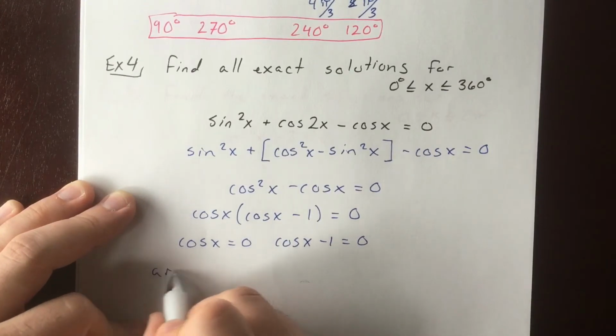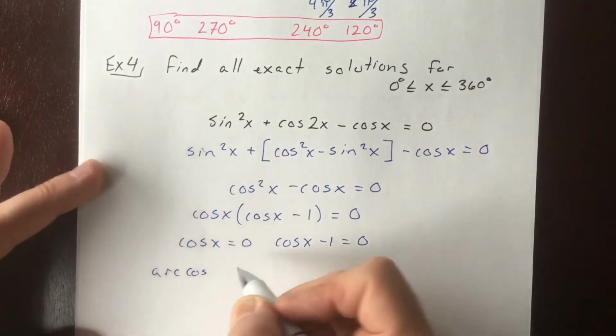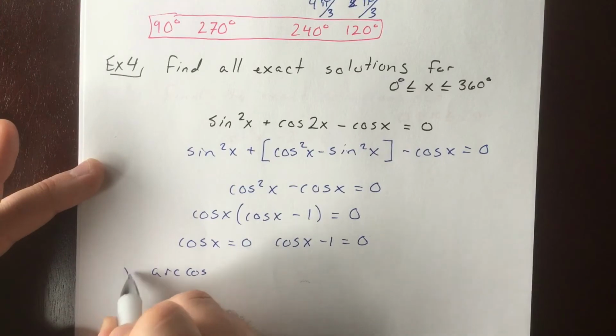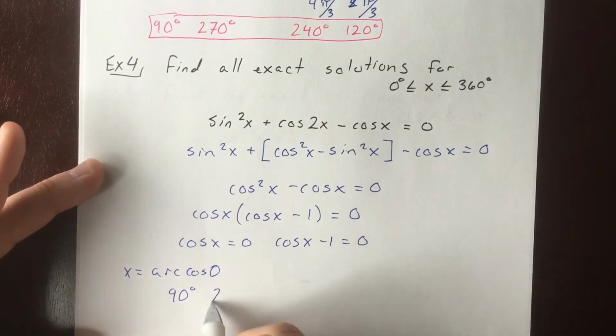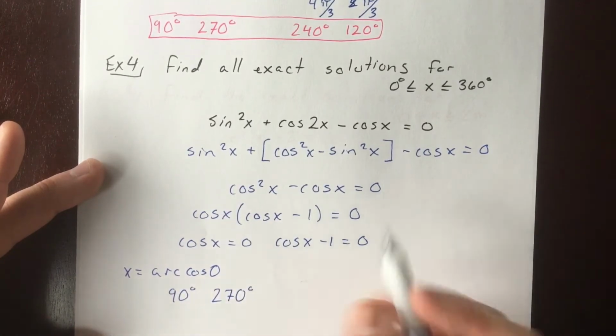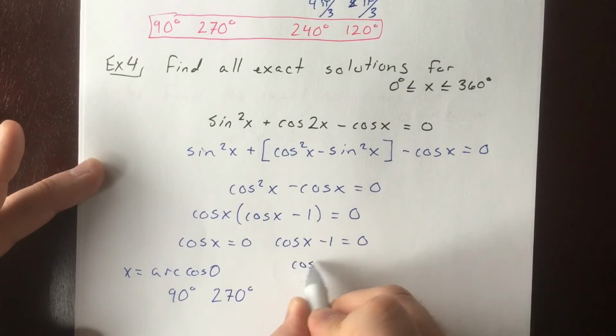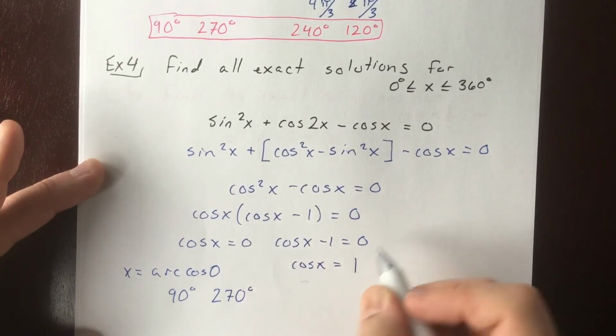So we've done this one before, I believe. So this is going to be, again, 90 and 270. And then we have cosine of x equaling positive 1.